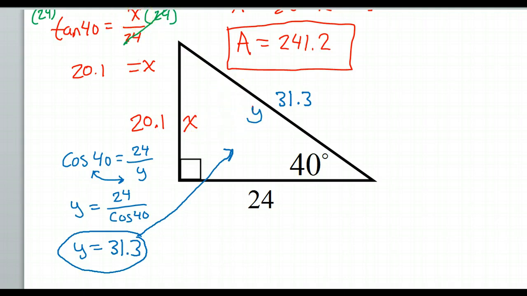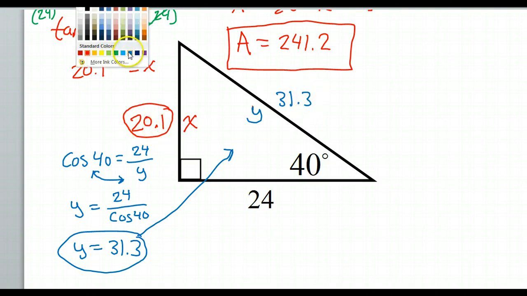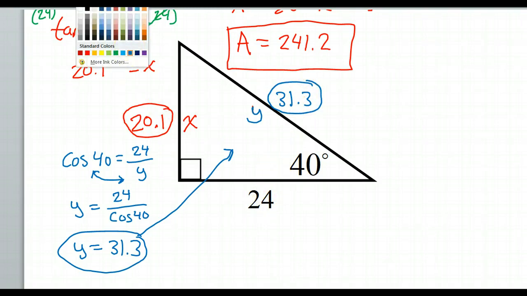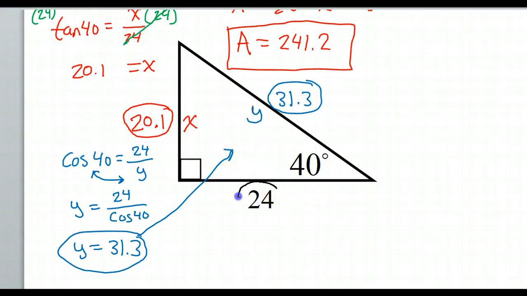Okay, so now I'm ready because I've already had my 20.1, and now I've got my 31.3, and I've also got my 24. So I can now do the perimeter. So the perimeter is just the sum of all the sides.